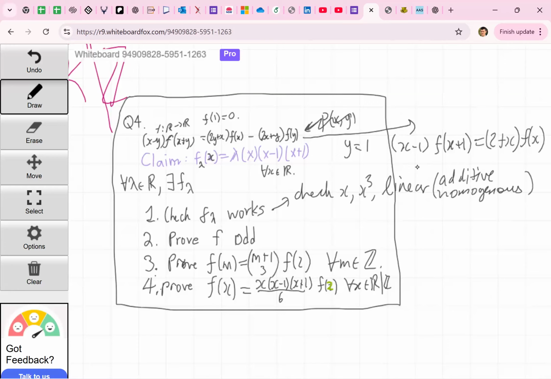That's how we know x cubed minus x satisfies this. So f is odd. We did this by showing f of 0 equals 0, and then we subbed in x plus y equals 0. Is that what we did? Yeah.